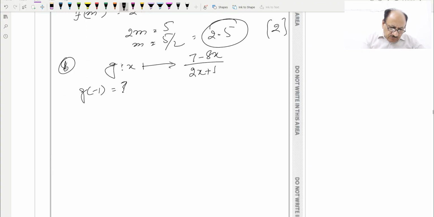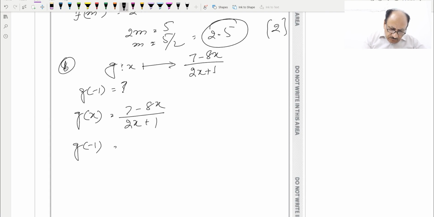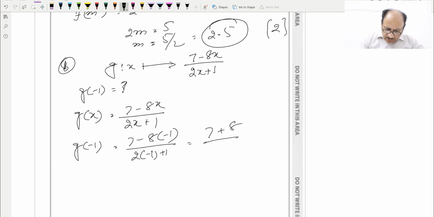So we can write g of x is equal to 7 minus 8x over 2x plus 1, and g of minus 1 will be equal to 7 minus 8 into minus 1 over 2 into minus 1 plus 1, and this will be 7 plus 8 over minus 2 plus 1, which is minus 1, so minus 15 will be the answer, and this is 1 mark. Part A was 2 marks, this is 1 mark.